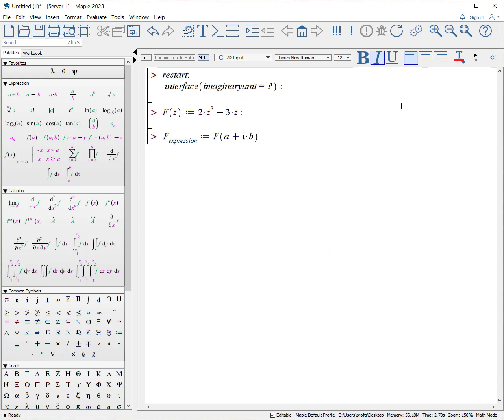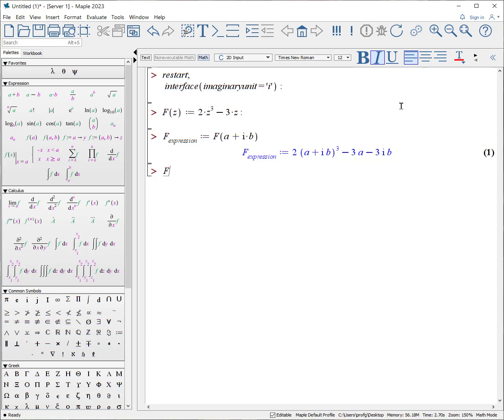Okay, let's say we have a function that is a function of a complex number. And what we'd really like to do is to express it in terms of a function of a real part plus a function of the imaginary part. Basically, what we're saying is we would like z to be represented by an expression a plus bi. Now, if we do this, the problem is Maple doesn't know anything about a and b and could assume that those two variables are also complex.